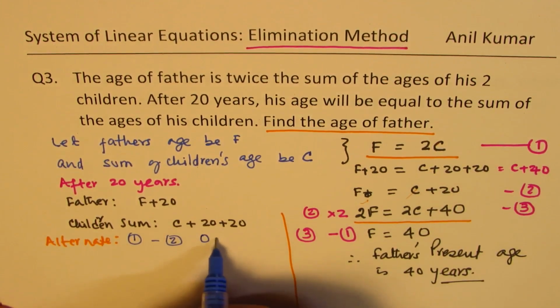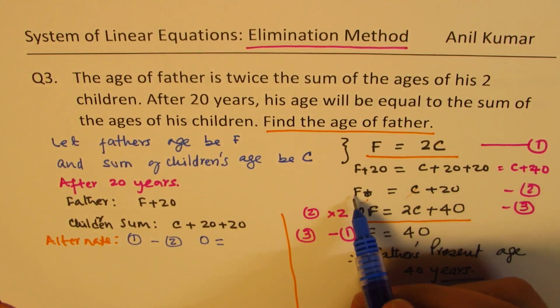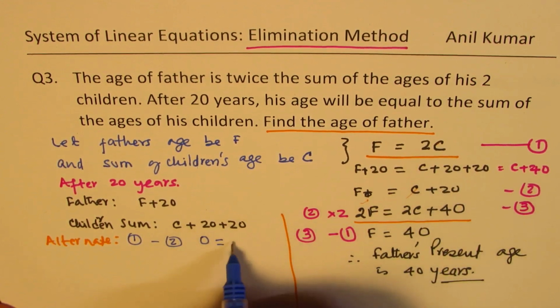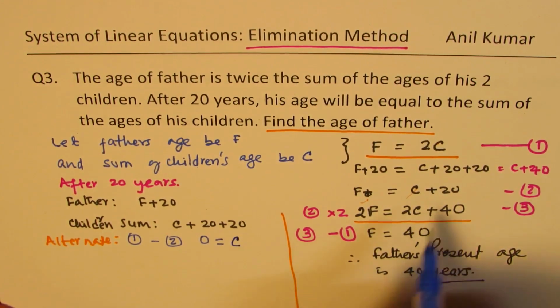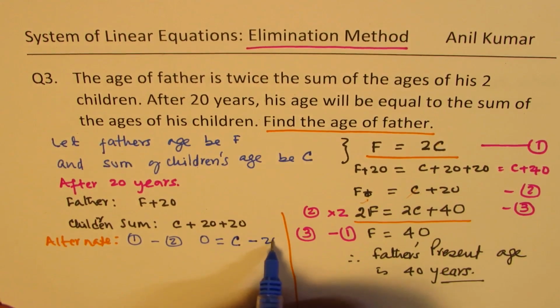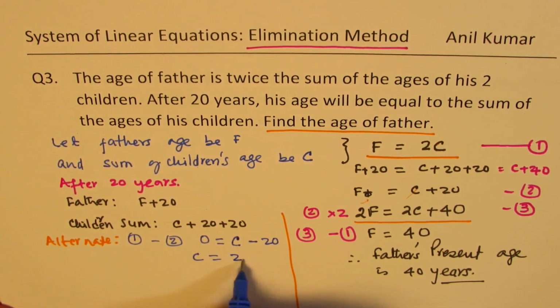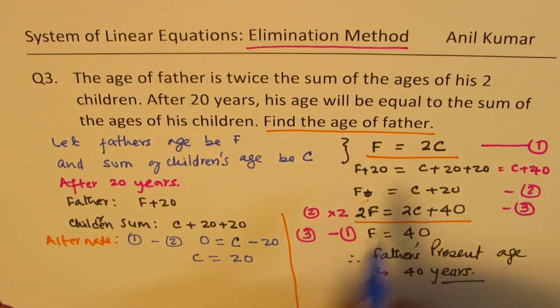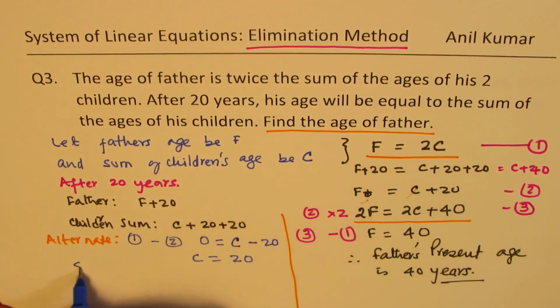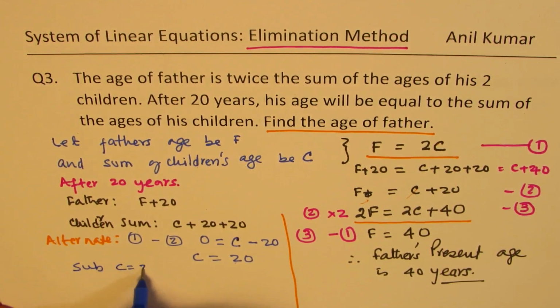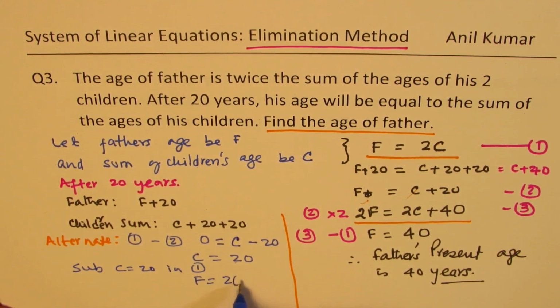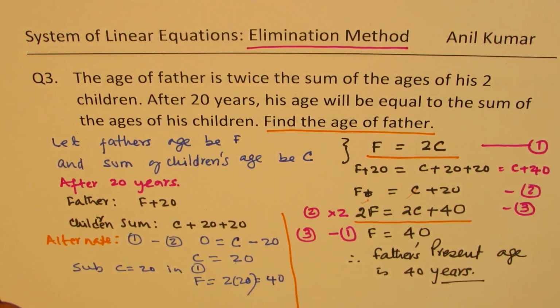In that case, we get 0 equals, F cancels, 2C minus C is C, minus 20. So C equals 20. Then we can substitute C equals 20 in equation 1, so we get F equals 2 times 20, which is 40. So that is also correct, right? So that is how you could do it.